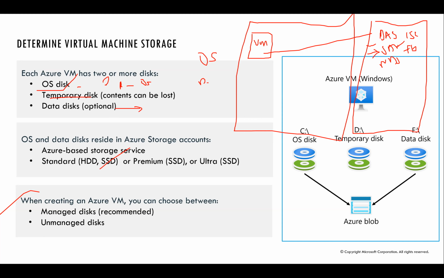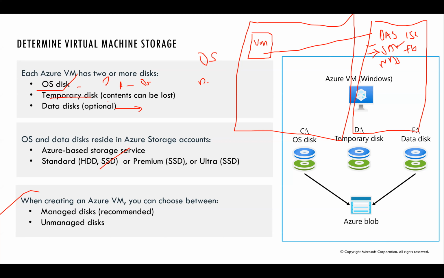Meanwhile, a storage area network disk has to go across the network, which means it can be impacted by the speed of the network itself, even though it's so fast within the cloud environment that it is insignificant. However, there might be need for you to use directly attached storage.